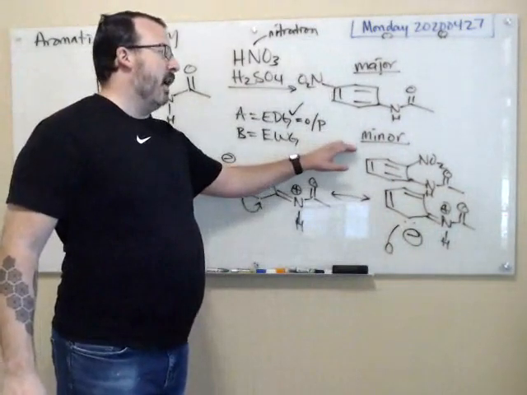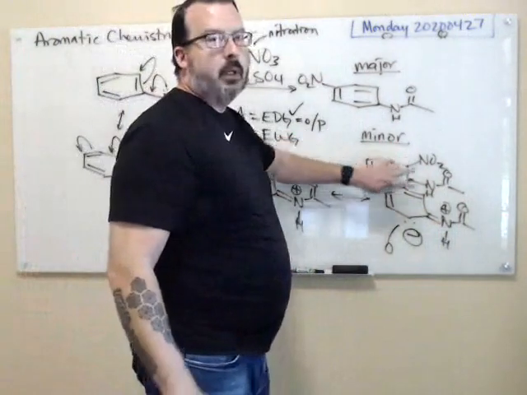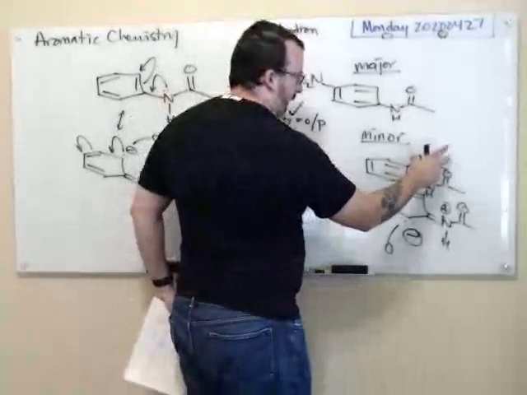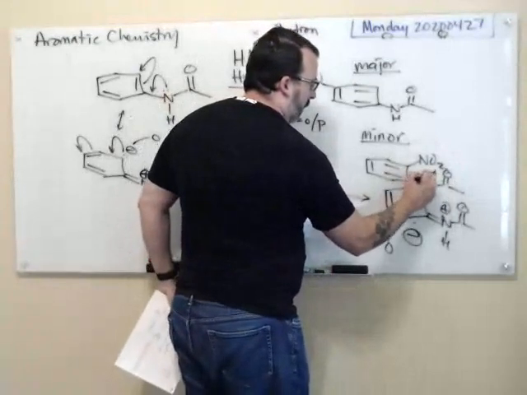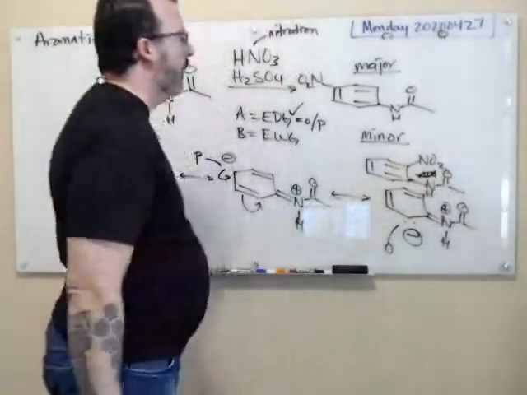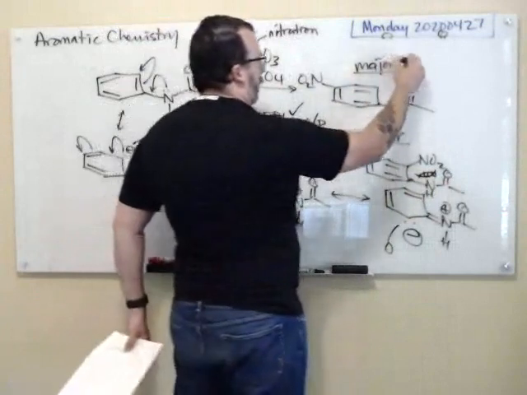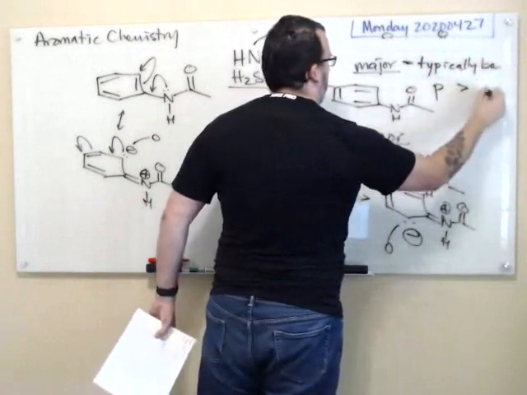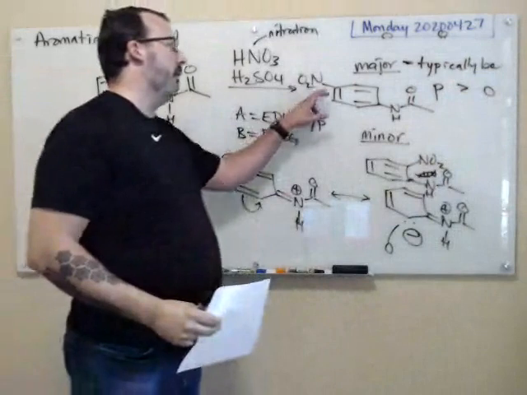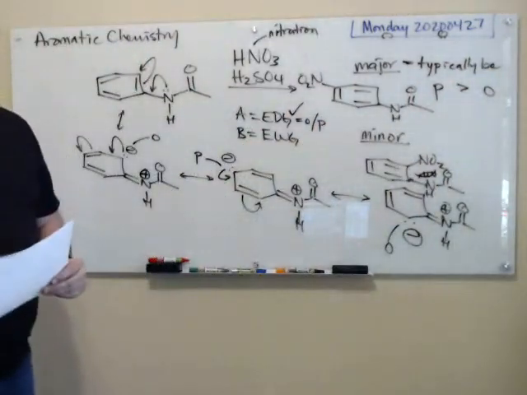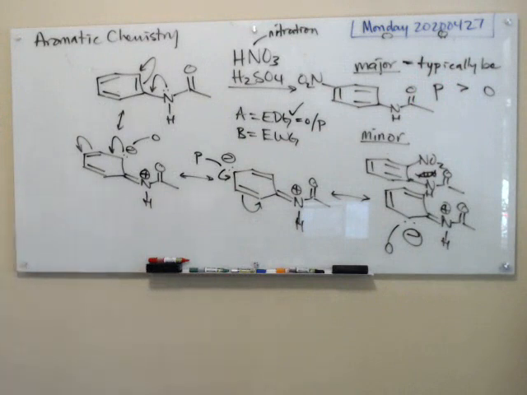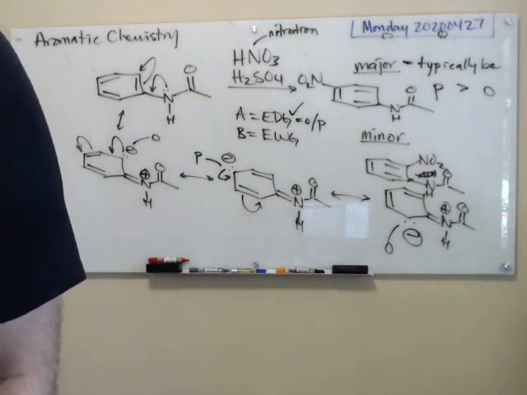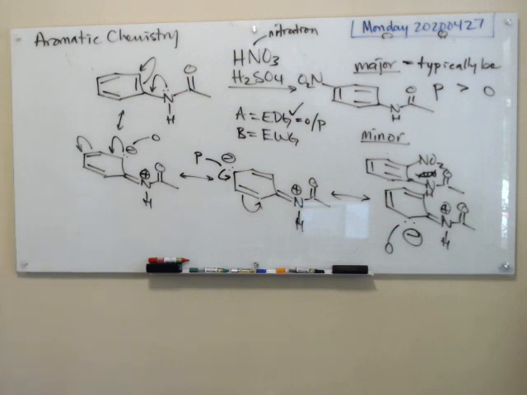The reason this is the minor product is that you have these substituents right next to each other, and we saw from conformational analysis that this has a volume and this has a volume, so you get a steric clash between them. So the major product will typically be para greater than ortho, because there they're not clashing into one another. Any questions on this one?